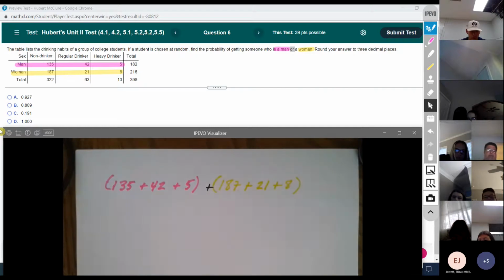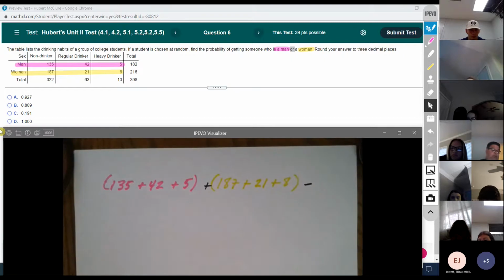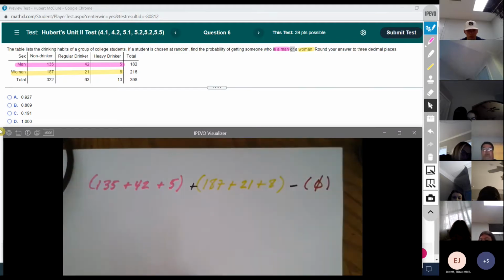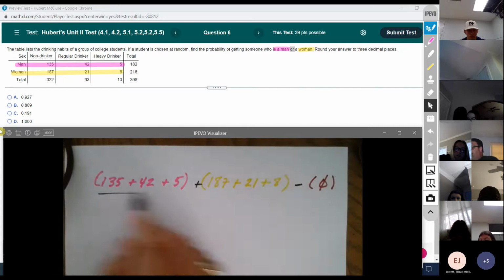There's no overlap, so we do not subtract an overlap. It's important to write it out, so we're going to put a 0 there, because we always subtract the overlap when we're using the additive law. And the total is 398.